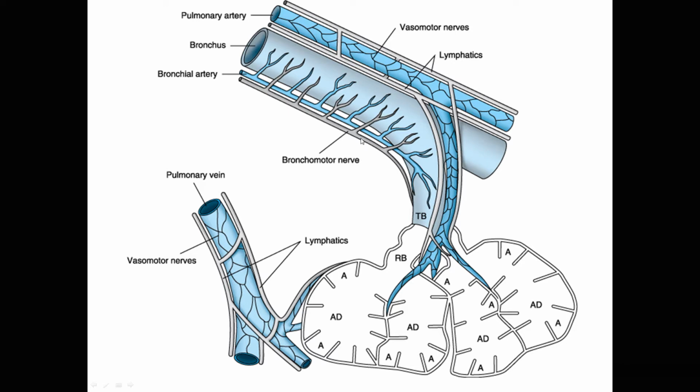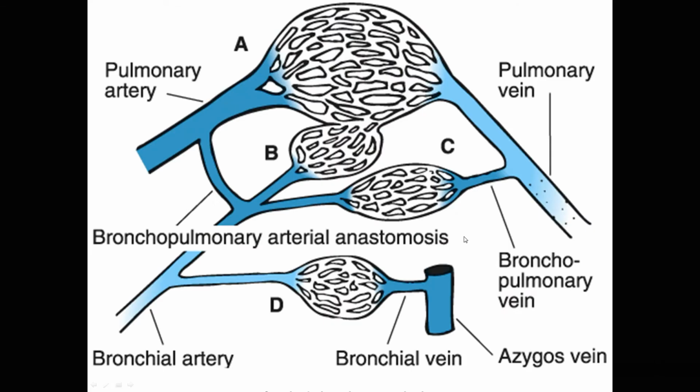These are the bronchomotor nerves here and the lymphatics. A specific characteristic of the circulation in the lungs are the anastomoses, the connections between the functional circulation and the nutritive circulation.